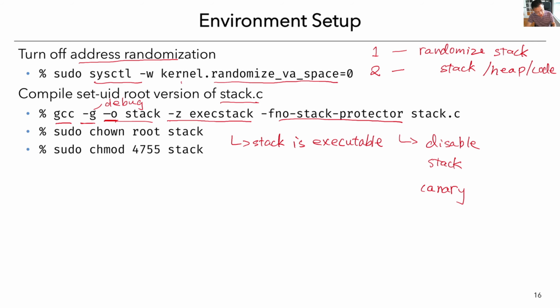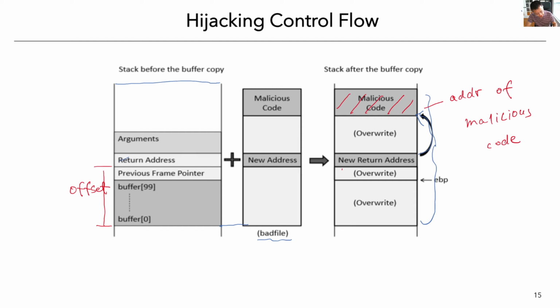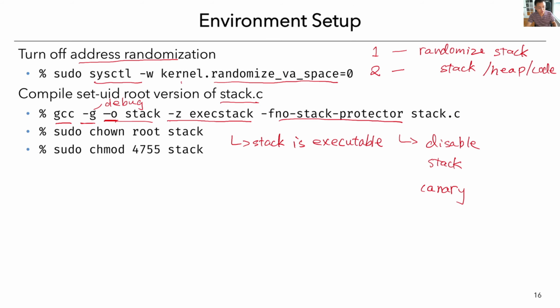The stack protector basically sets something here called a canary. When you overwrite the return address, you also overwrite the canary. Before the function returns, it checks whether the canary has been changed. If it has been changed, it knows there is an attack against the return address, so your attack will be foiled, right?